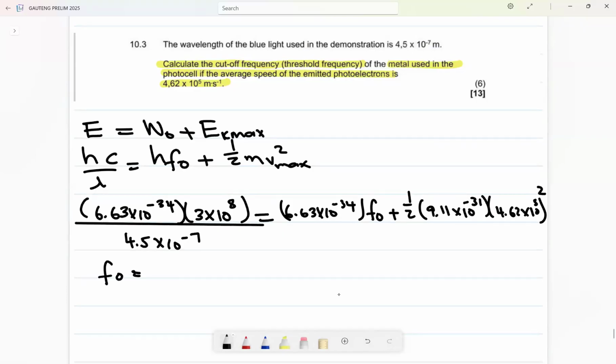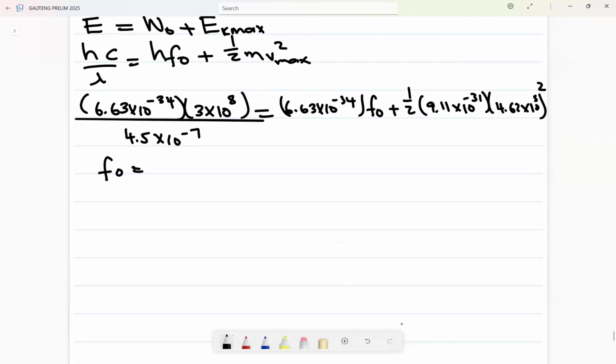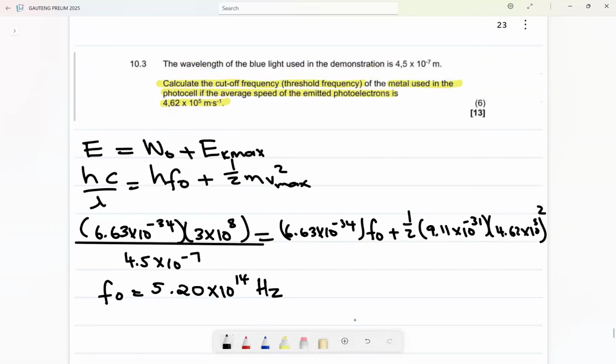And then you get your threshold frequency, when you punch your calculator, to be something like 5.2 times 10 to the power of 14 what? Hertz. Okay, hertz. So yeah, guys, that's that.